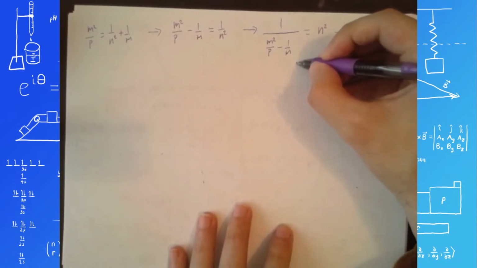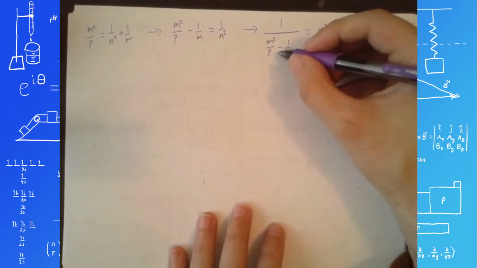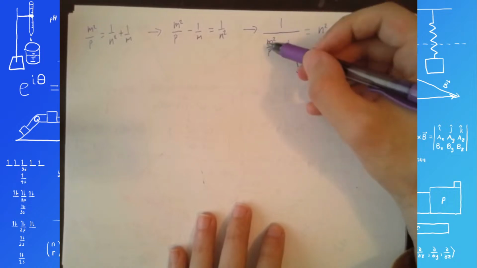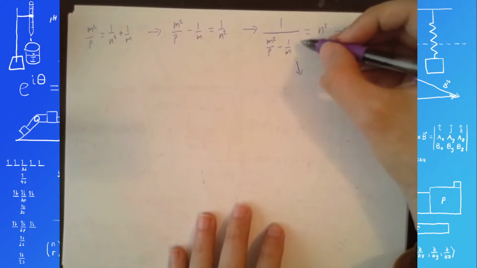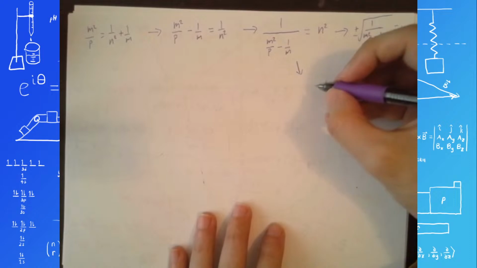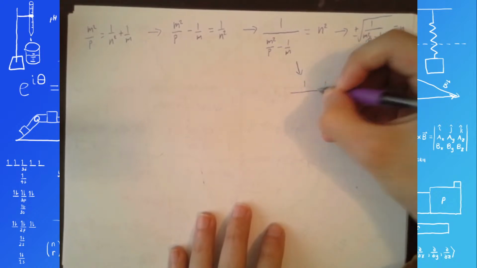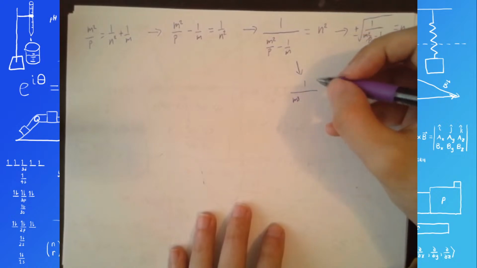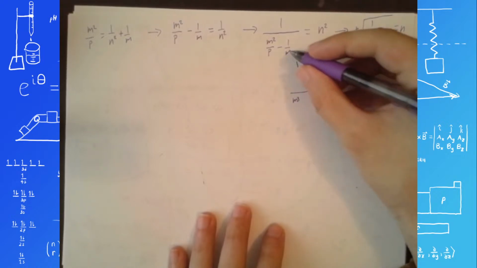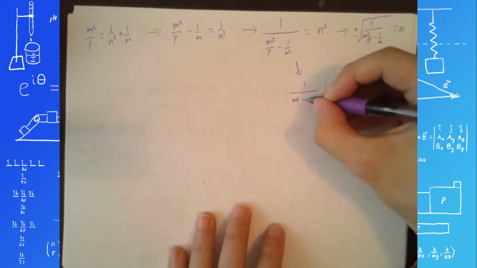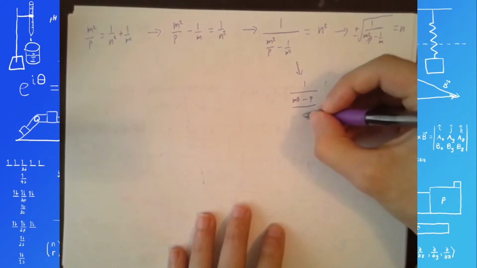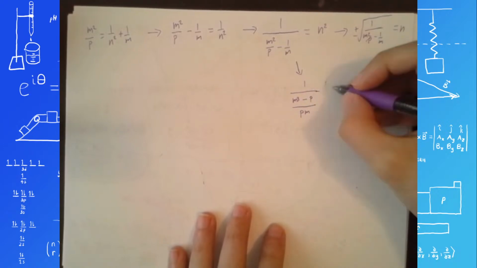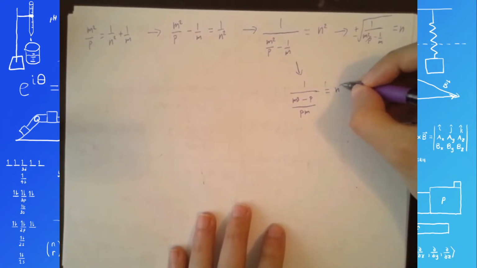So I can do the same thing I did before, just find a common denominator, which would be m times p. So multiply this by m over m, multiply this by p over p. So we get 1 over m cubed over pm minus, that's just going to be p over pm, or mp, however you want to write it, equals n squared.